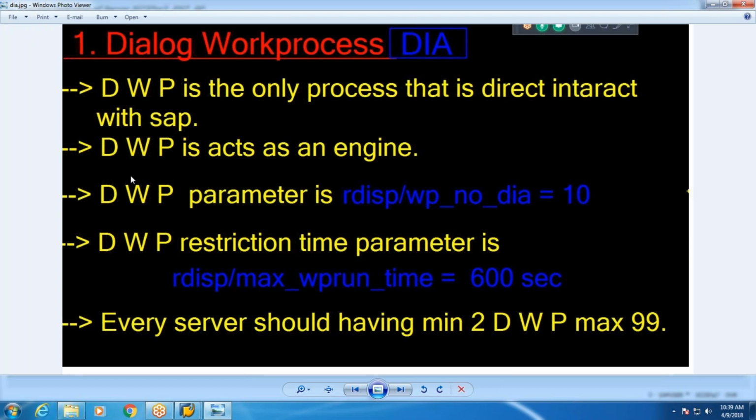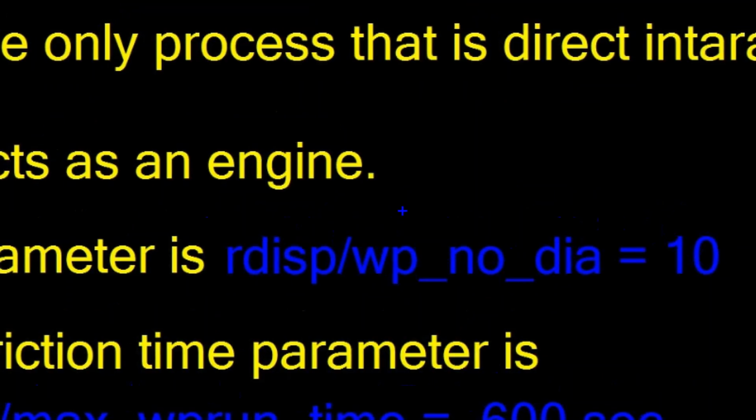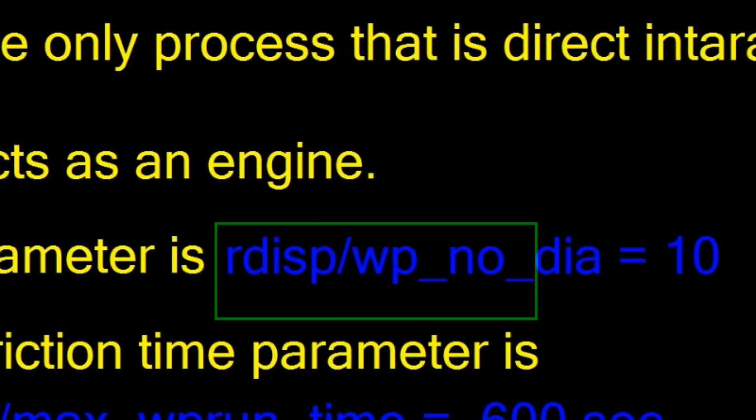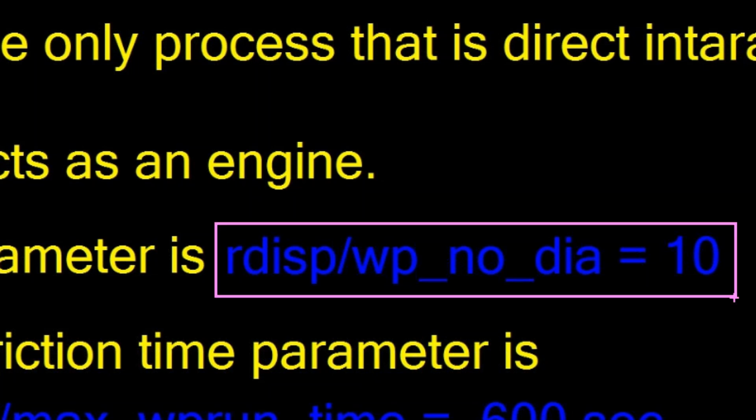Next are the dialog work process parameters. Every work process has separate parameters. If you take the dialog work process parameter, rdisp/wp_no_dia = 10. Here rdisp means the running dispatcher or real-time dispatcher. What is the meaning of this parameter?